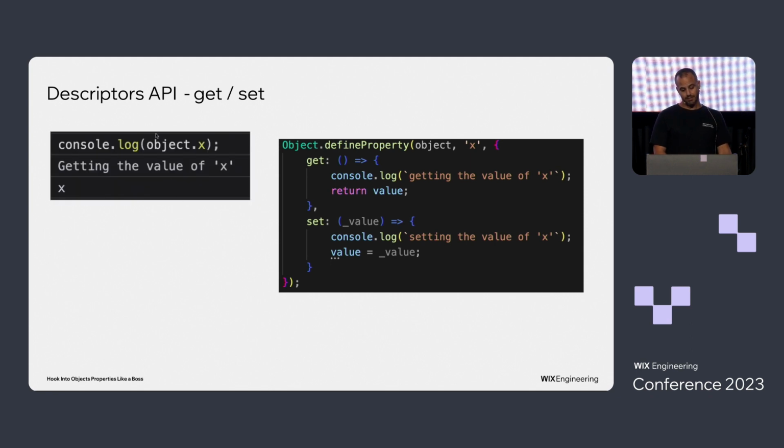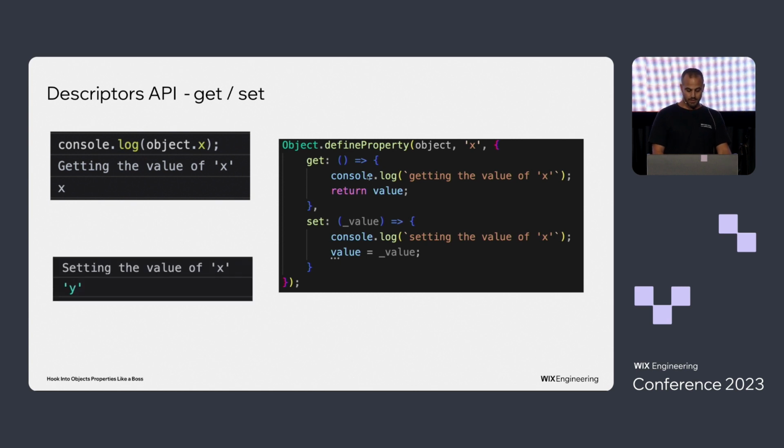And if I try to reach x, I will see "getting the value of x", and this is the exact code that I have here. So every time any code goes to object.x, it will be called. Same for set. If I try to set the same property, I will get to this callback.